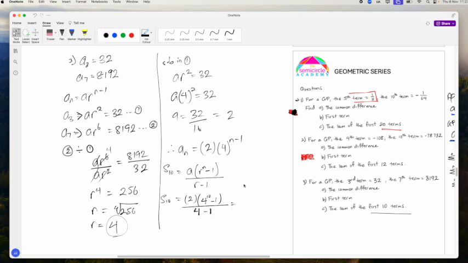So 4 to the power of 10 is a very big number, minus 1 is still a very big number, multiplied by 2 is an even bigger number, and we get 2,097,150, all divided by 3. So the sum of the first 10 terms is going to be 699,050.